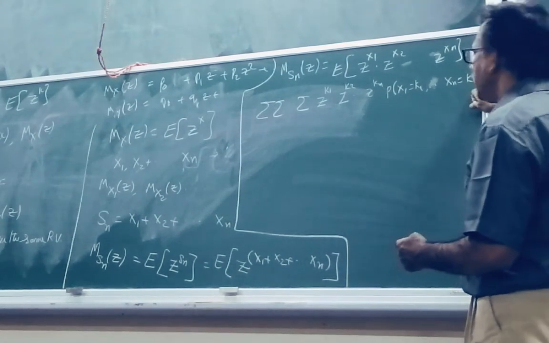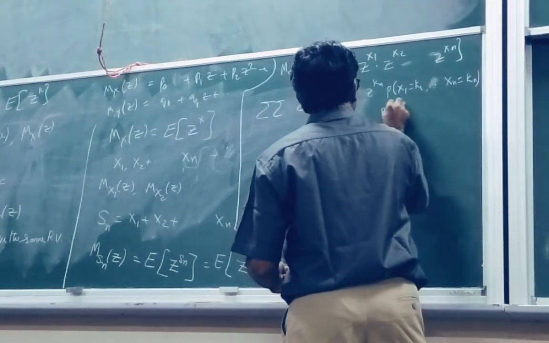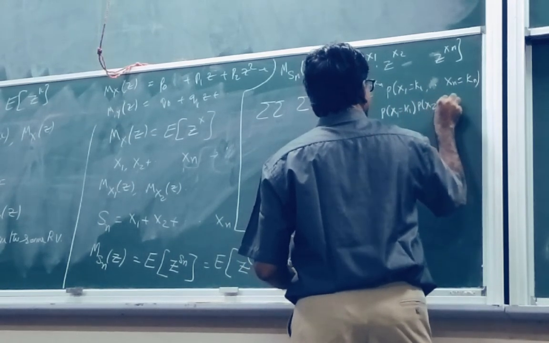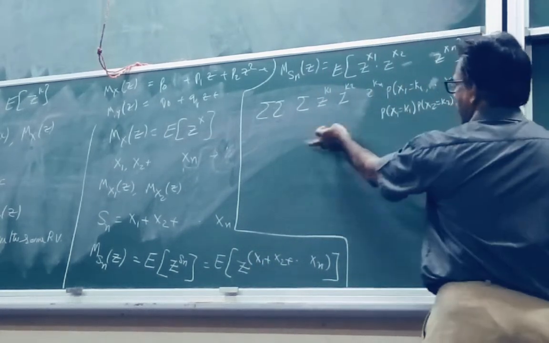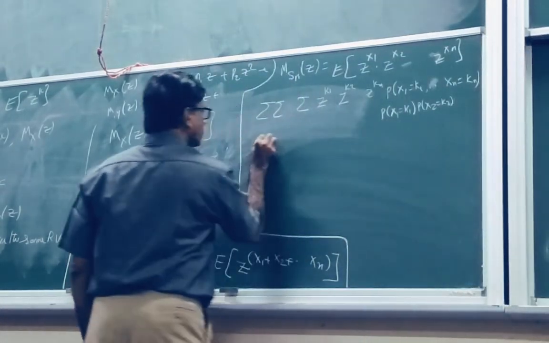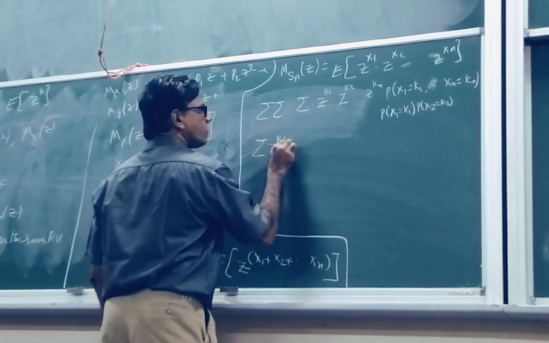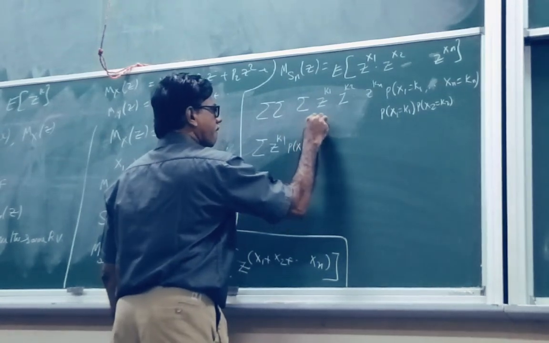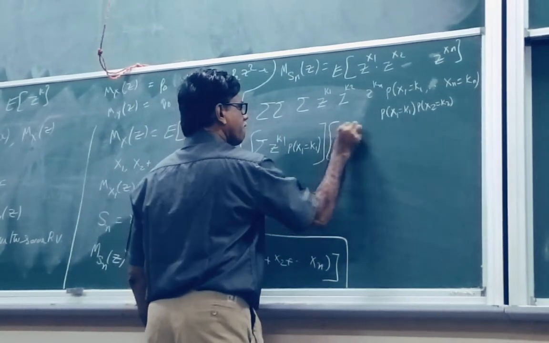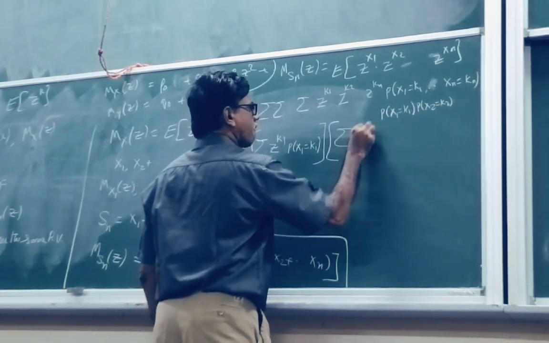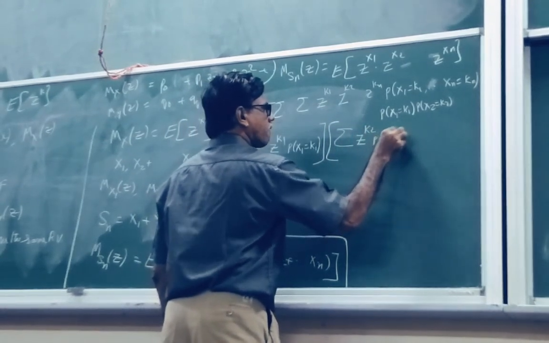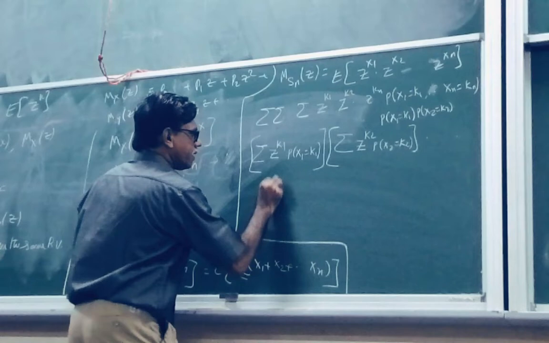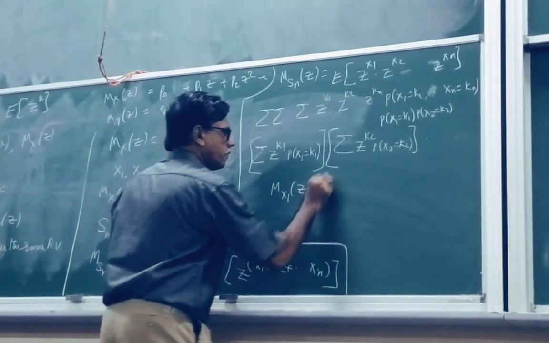And because they are all independent, I can factor it, and then take each of them separately. So this is nothing but M_X1 of Z into M_X2 of Z.